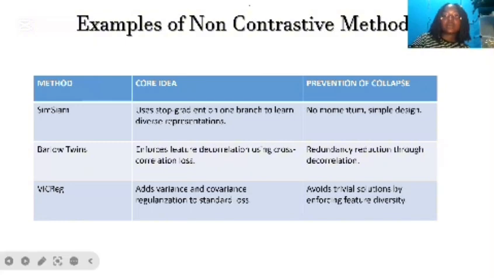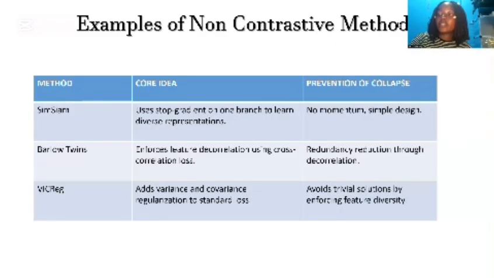Let me start with what that means: it has two identical networks that process two different augmentations of the same image, and one network has an additional predictor head, which transforms the embedding before it compares it to the other network's output.